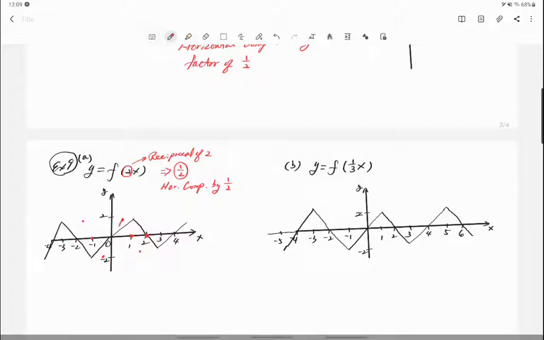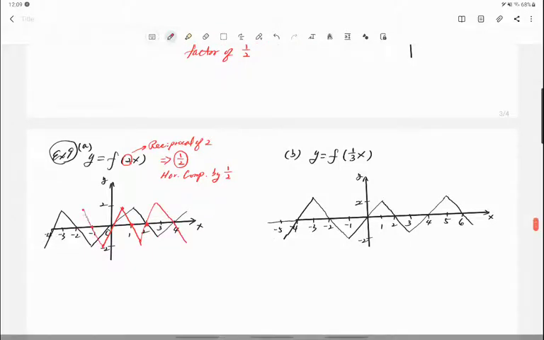So the graph will be horizontally compressed by a factor of 1 over 2. It's going to go something like this. This one goes up and then goes down, and this 4 becomes 2, like this, and goes like this.